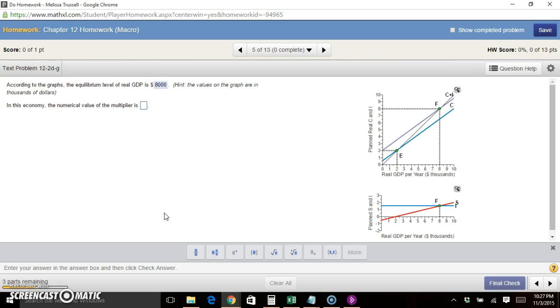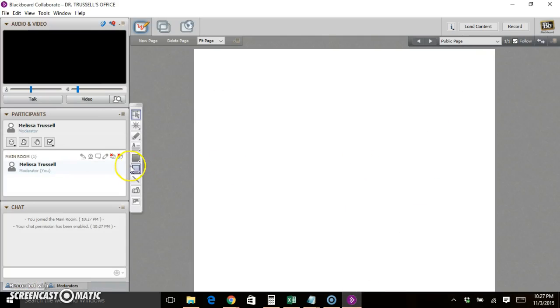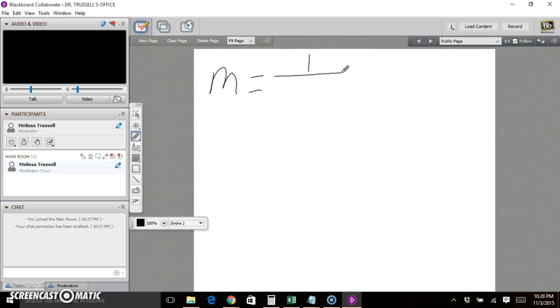We're also given in the textbook a formula for finding this multiplier, and let me write it down here. We're told that this formula is, so the multiplier is 1 over 1 minus the marginal propensity to consume.